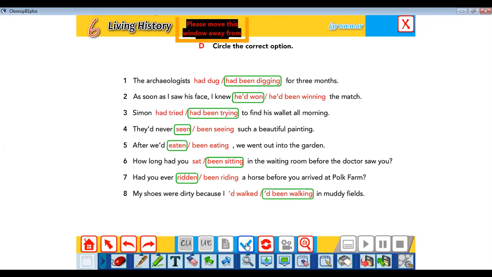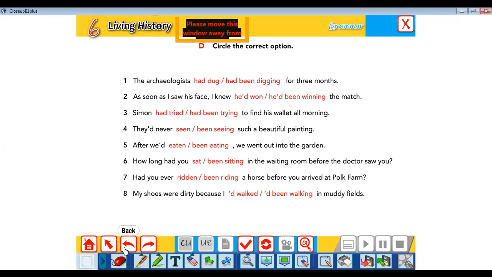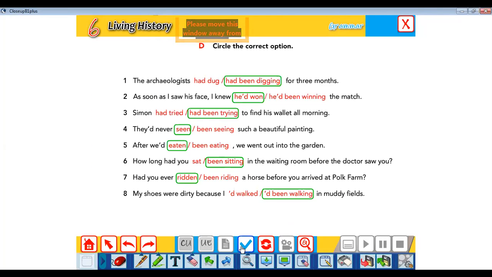Now exercise E. Yes, don't "after" and "before" come as keywords for both past perfect simple and past perfect continuous? Yes, two keywords. So how do I differentiate? You will, of course, go according to the duration.